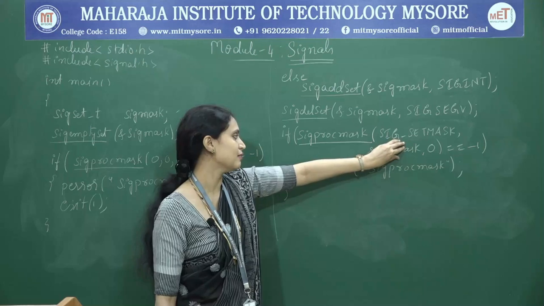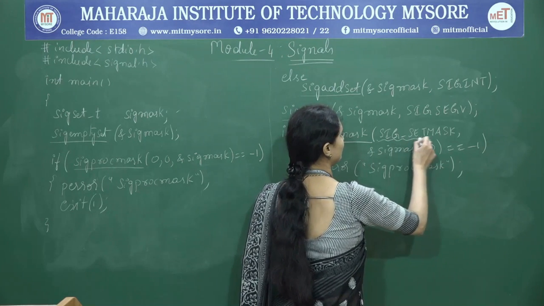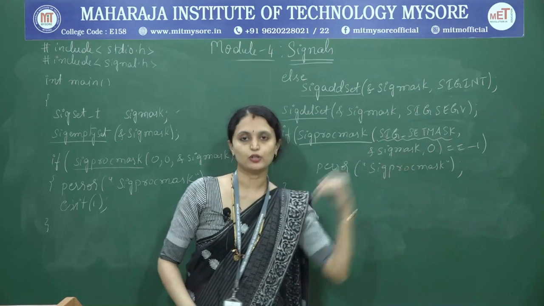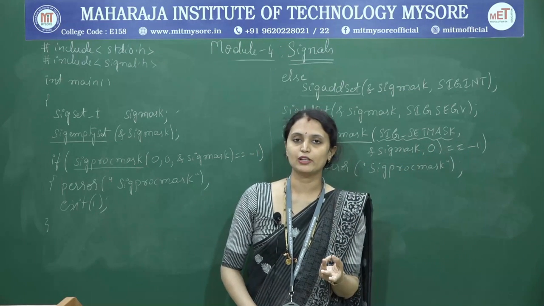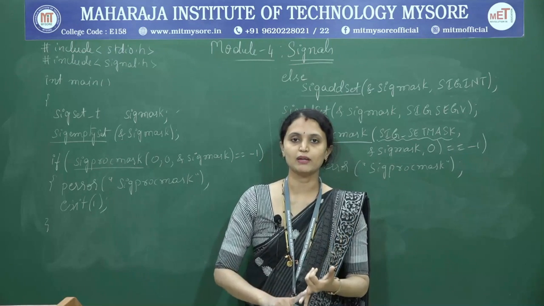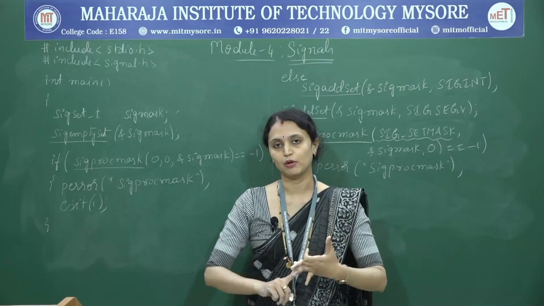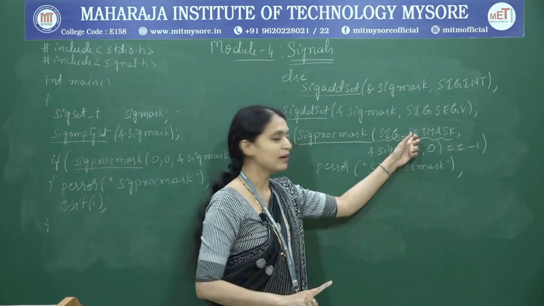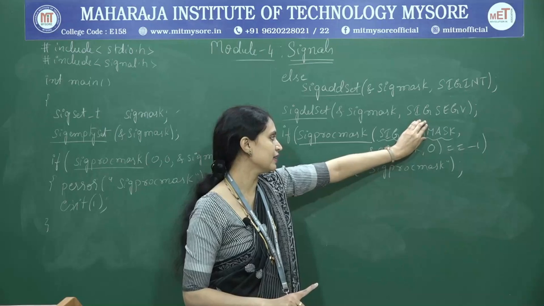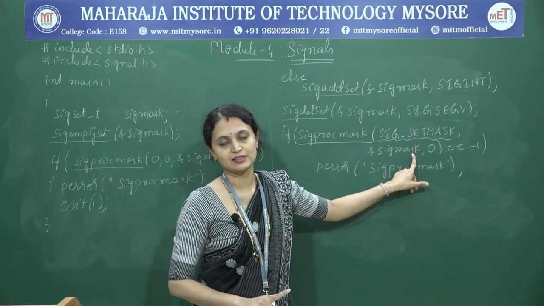So the updated signal mask is here, and I am sending the command value like this. Just now I had told you the possible 3 command values: the first one SIG_SETMASK, the second one SIG_BLOCK, and the third one SIG_UNBLOCK. SIG_SETMASK means it will override the original signal mask with the new signal mask.